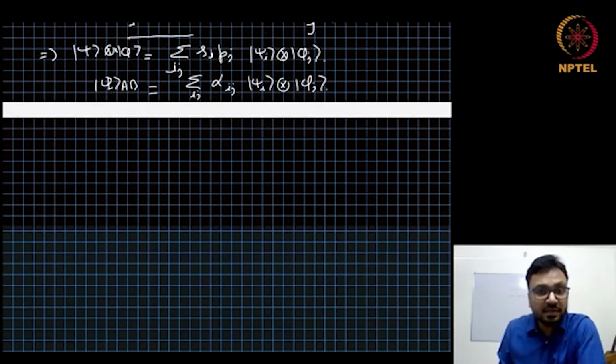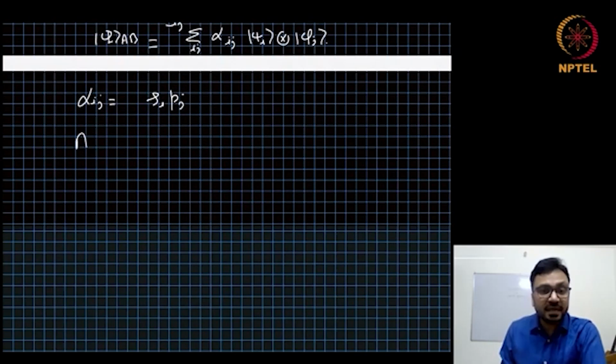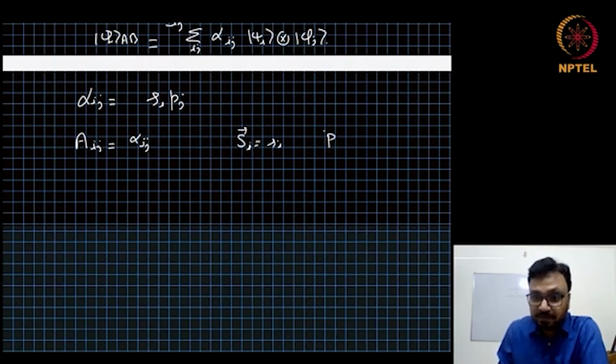Comparing these two, it turns out that alpha ij must be si times pj. Now let us say we have a matrix A such that its ijth element is alpha ij, a vector S such that its ith element is si, and a vector P such that its jth element is pj.